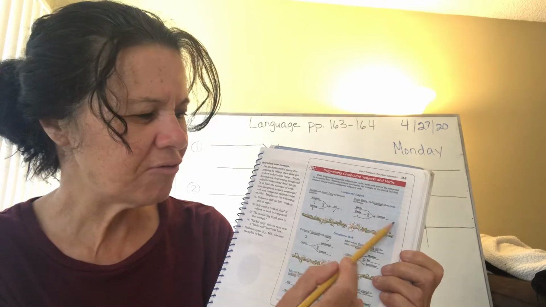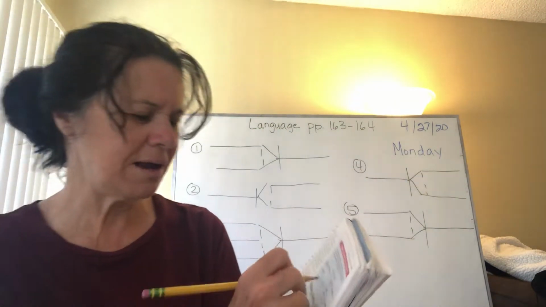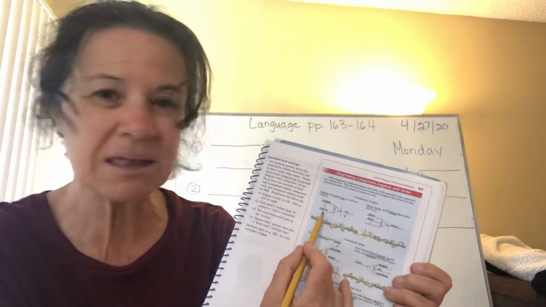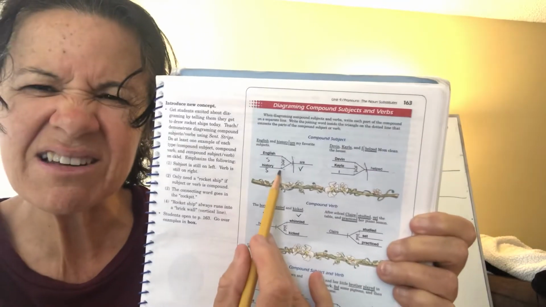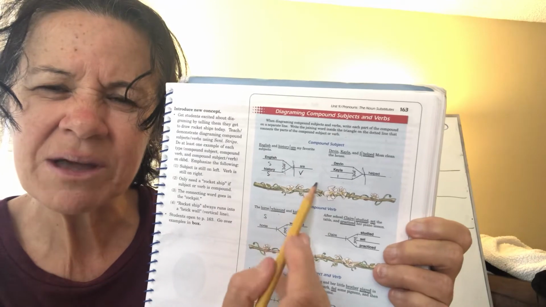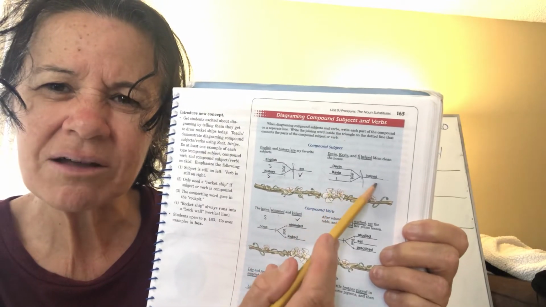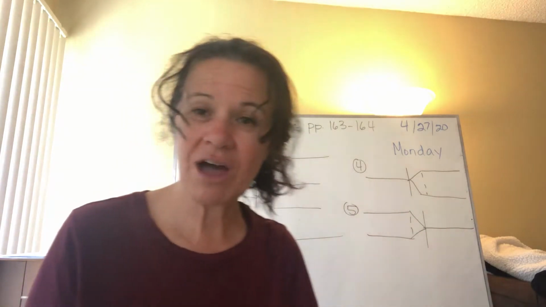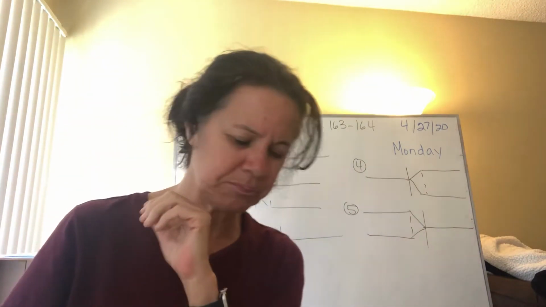Subject to the left, verb to the right. I'm going to make this longer for you, the diagonal line, that separates subject. I have an S there. You can see it. Subject, verb, subject, verb. Okay? All right. So that's how you diagram a compound subject.